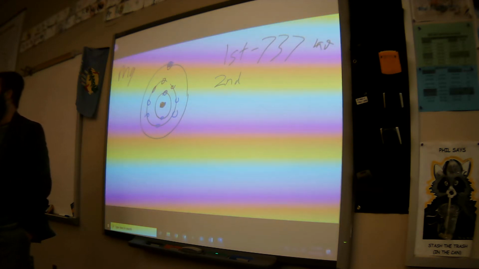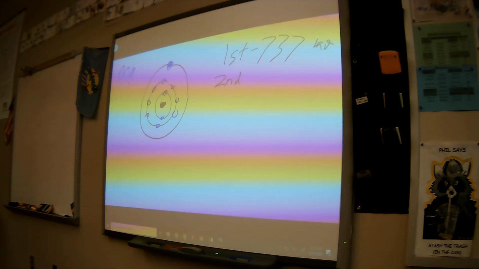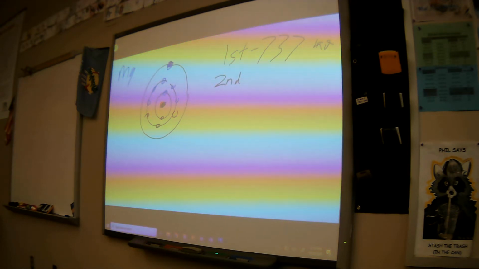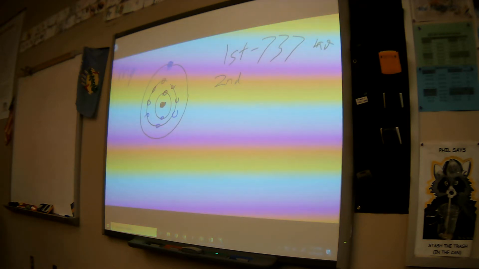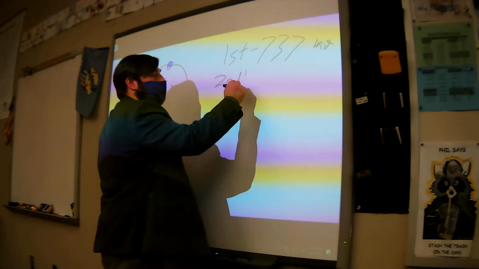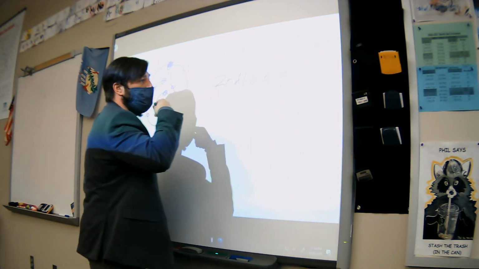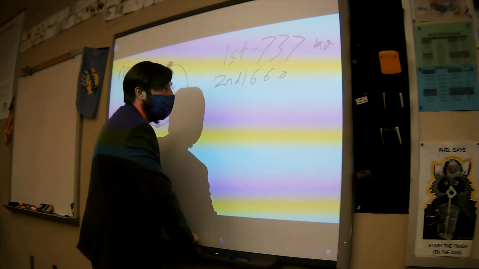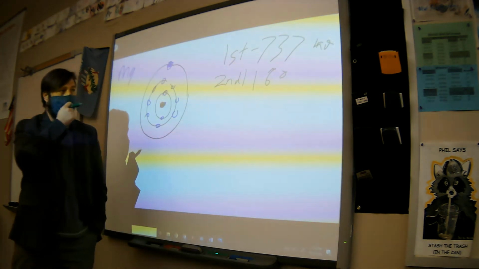A little bit higher, right? In fact, on the first, click on it and go to second. What is it now? 1,160. So it definitely shot up. Okay, so it went up a little bit, right?